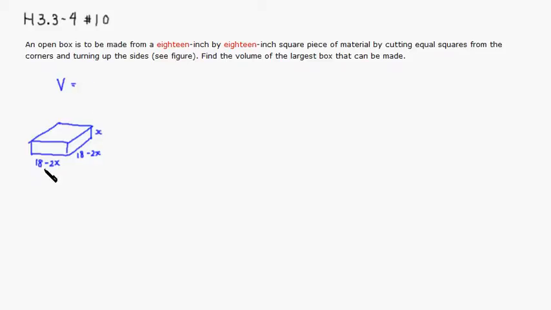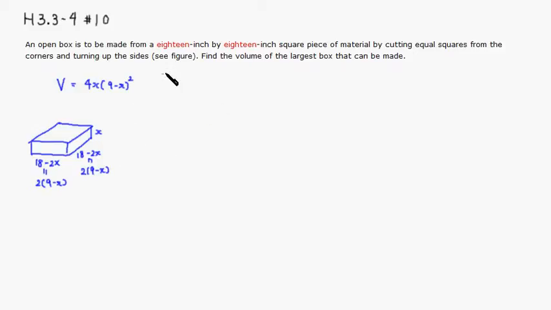So 18 minus 2x, factor out 2, is 2 times 9 minus x, and this one is also 2 times 9 minus x. So V is going to be, 2 times 2 is 4, then you have x here, then you have the quantity 9 minus x squared.